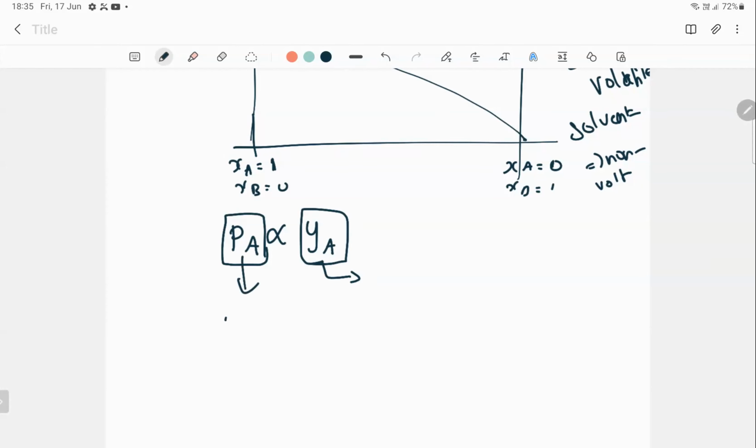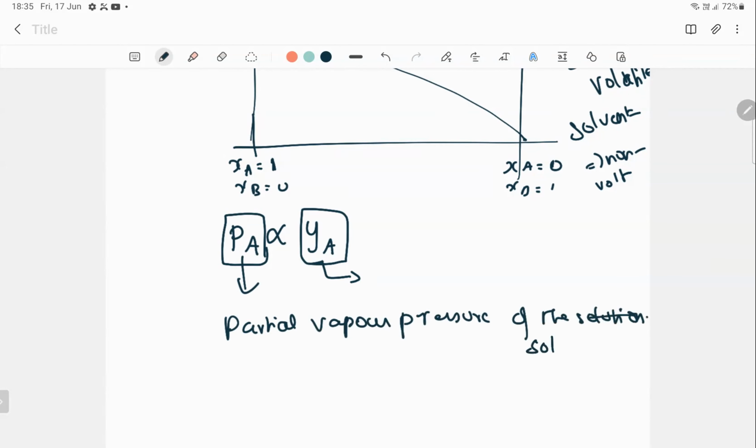I'll write this. Partial vapor pressure of the solute in solution. This is mole fraction. Actually, there I had written XA, I'm changing it to Y here.